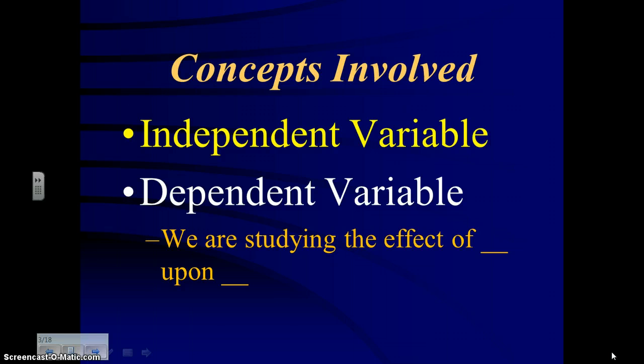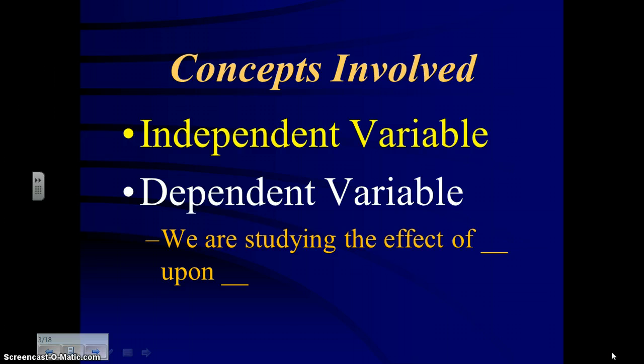Well, what are we studying? We're studying the effect of age, whether old or young, upon enjoyment of life. When you fill in these two blanks, the first blank is the independent variable, the second blank is the dependent variable. So in that example, age would be the independent variable, and the dependent variable would be enjoyment of life.